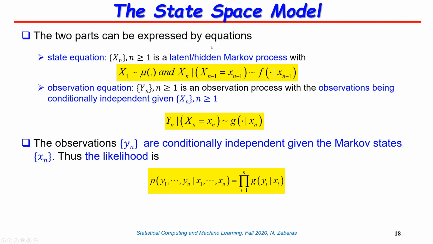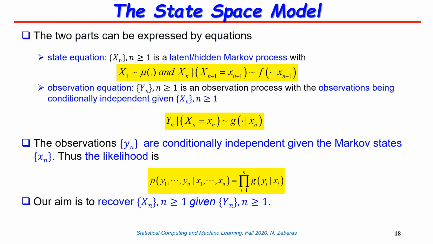So again, these two equations on the top will define the prior model for the states. This defines the likelihood, and of course from the two we will be able to come up with a posterior model for the states that we will see in a few minutes from now. So the objective will be to recover xn given the observations yn.